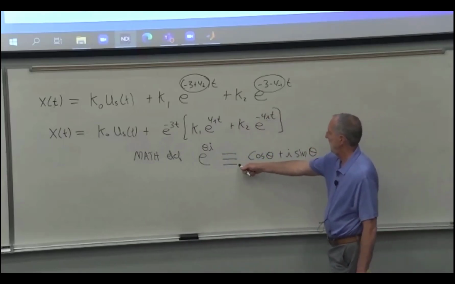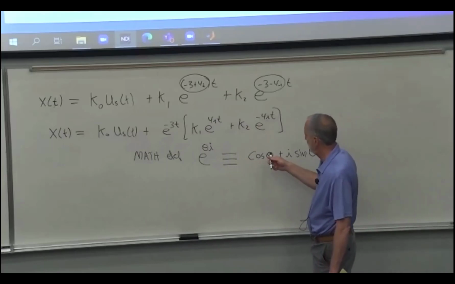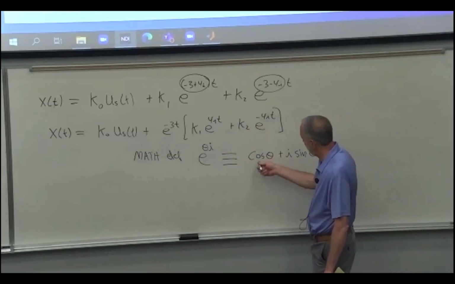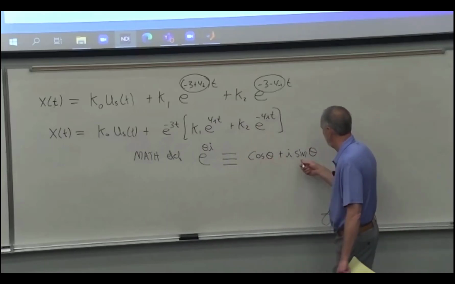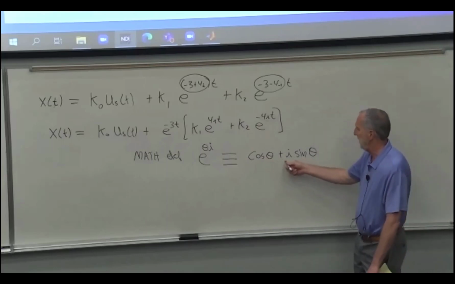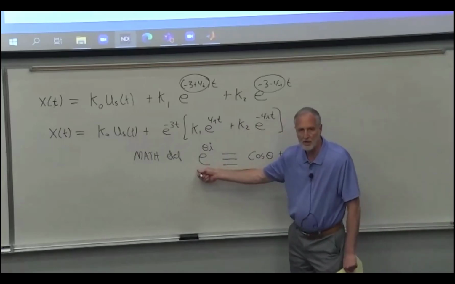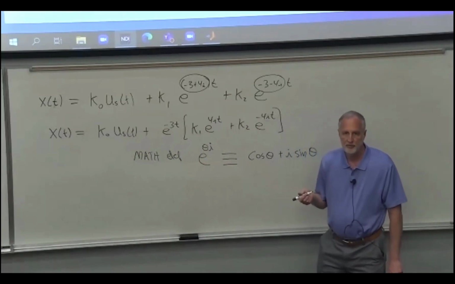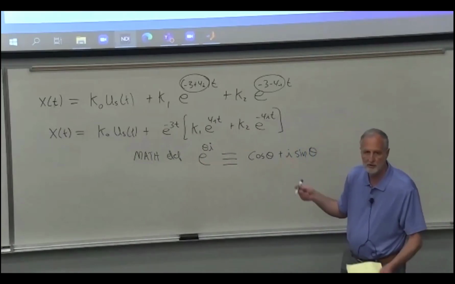And it's not really a definition. It turns out if you do the Taylor series of this and the Taylor series of this, and add them together, you get the Taylor series of that. And that's how it's proved. But we're not going to do that. We're going to trust the math guys.